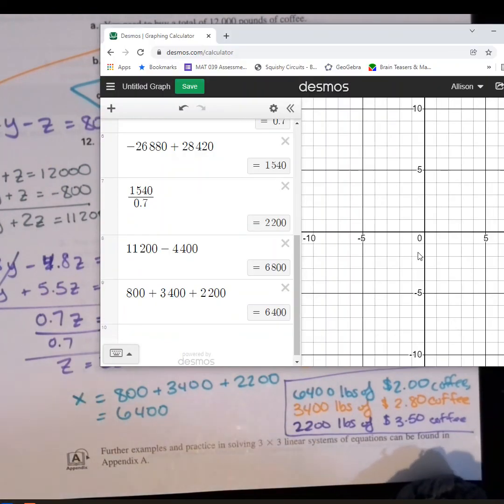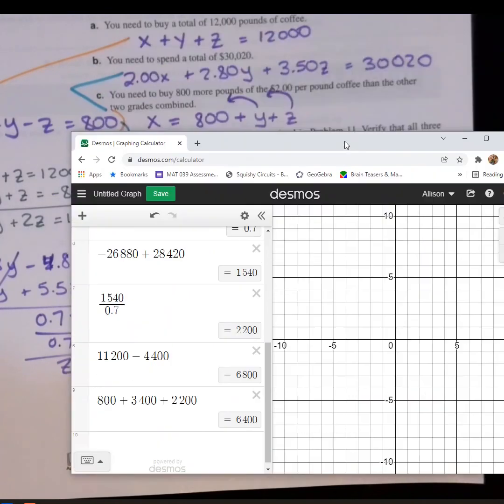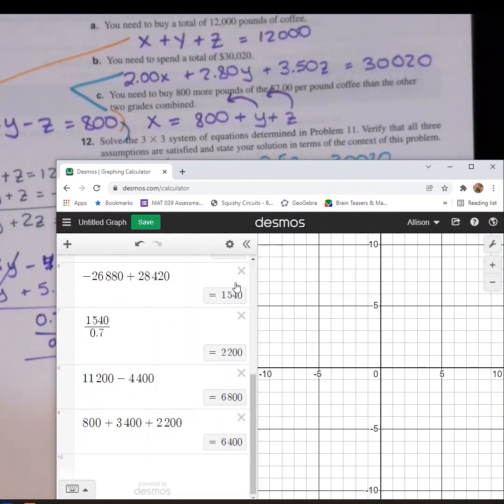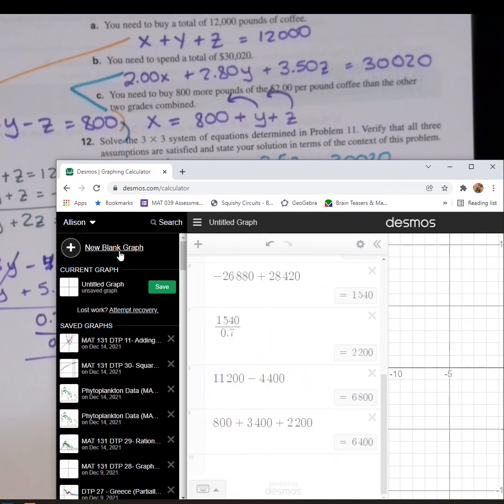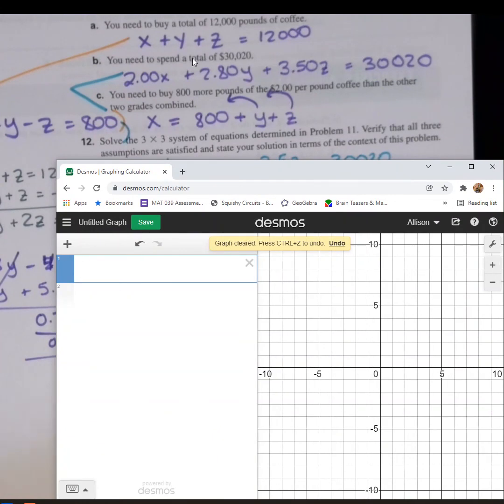All right, last we're going to check. So back over to Desmos with our 3 equations. Let me just make a new one real quick. We have x plus y plus z equals 12,000. So we have x, which was 6,400, plus y, 3,400, plus 2,200 equals 12,000. Fantastic.